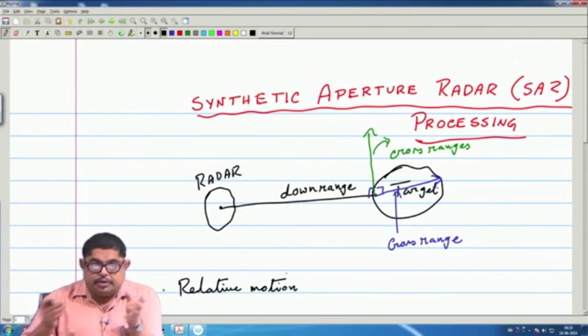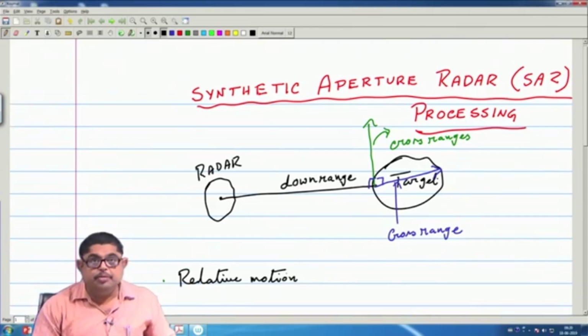Now, in that there are two nomenclatures.